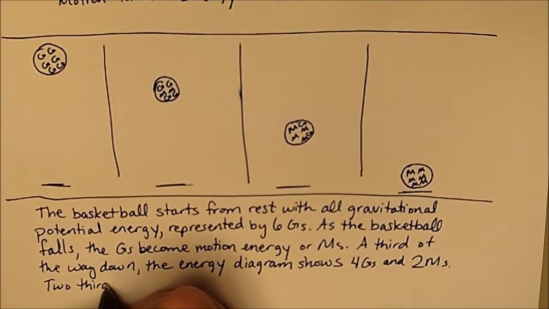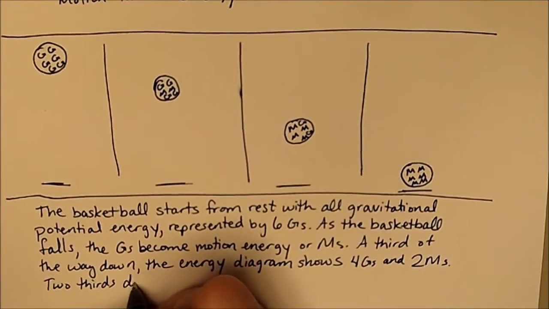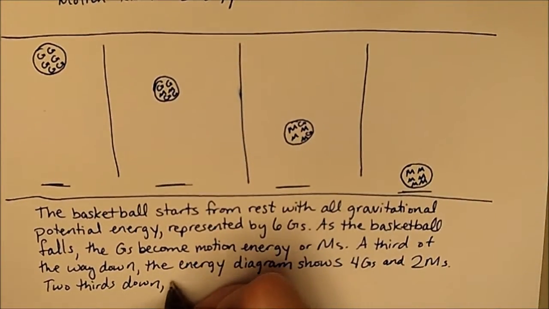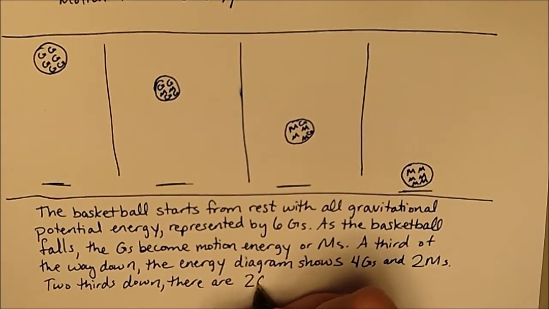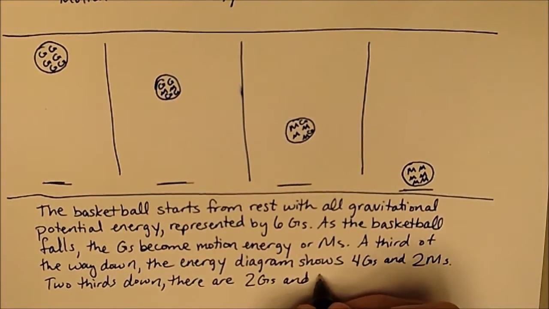Two-thirds down, there are 2 G's and 4 M's.